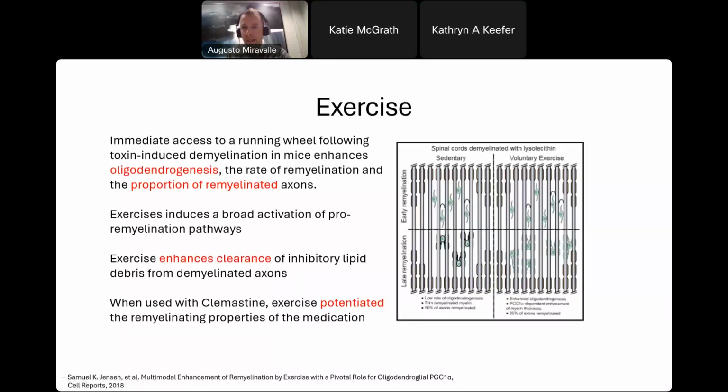You can see that in a situation of sedentary lifestyle, so patients not exercising, the number and the connections of these oligodendrocytes is lower than in the case of patients that are active and exercising.